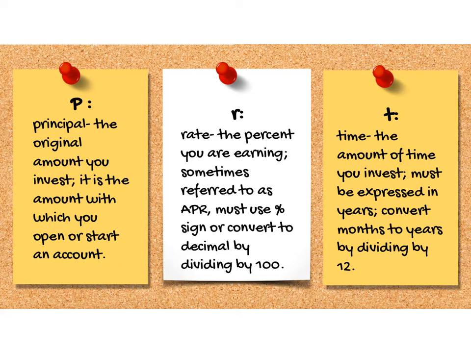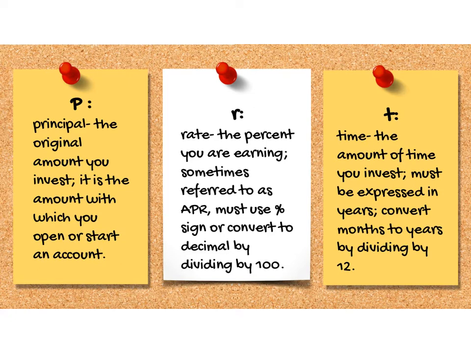A lot of times on car ads, you'll see APR. That stands for annual percentage rate. It's a percent. When you're doing these problems, if you are using a calculator that has a percent key, like on my phone, you have to remember to type percent after the number. The other 8th grade teachers and I were looking at Chromebooks, and that might not have a percent key, but if you Google calculator and use that one, it has a percent key.